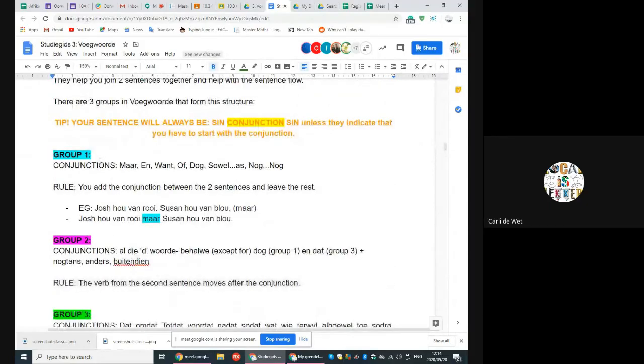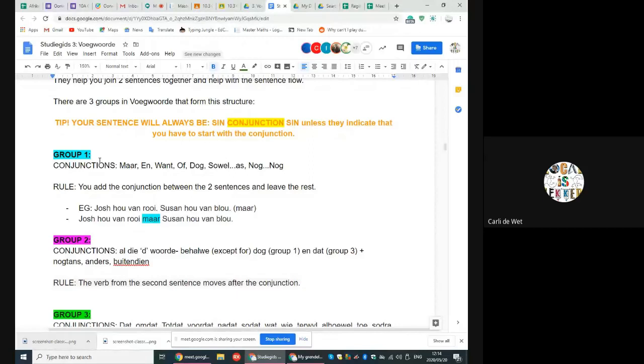So conjunctions are mainly divided into 3 sections. The first section is where you have to put the conjunction in the middle, and that consists of group 1, group 2, group 3. The next section is where you have to start with a conjunction, and then you have all the words following the same rule except for all. All is different.